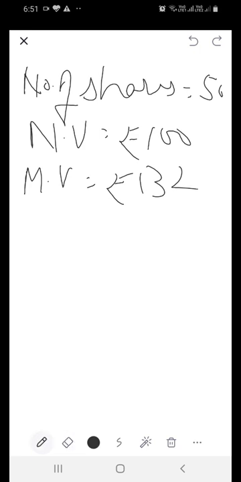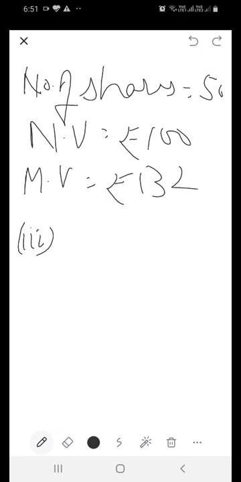So if he wants to increase his annual income by 150, it means he wants to increase his dividend by 150. So we have to find the number of shares on the dividend 150. Those will be the extra shares because 150 is his extra income.